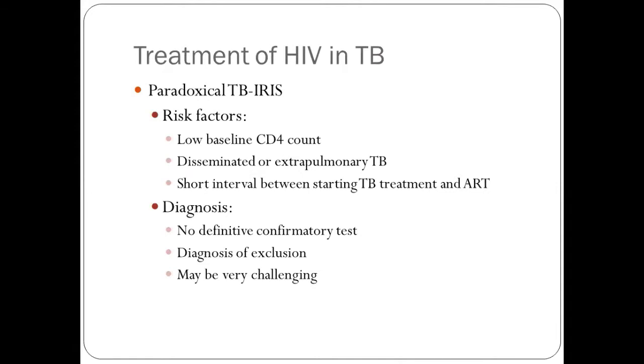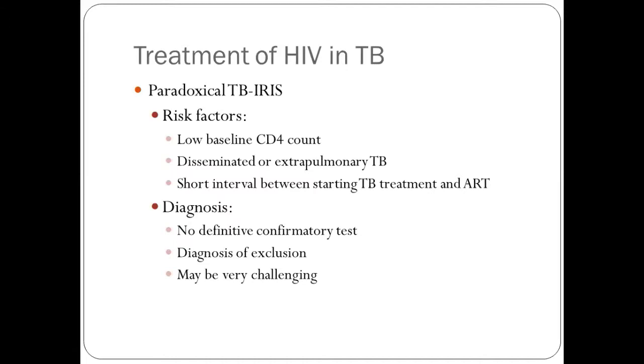And now that we're calling for shorter intervals between TB medication and HIV medication, we're seeing more tuberculosis IRIS, although it's usually mild, and we can just treat the symptoms and continue the TB as well as the HIV medications.